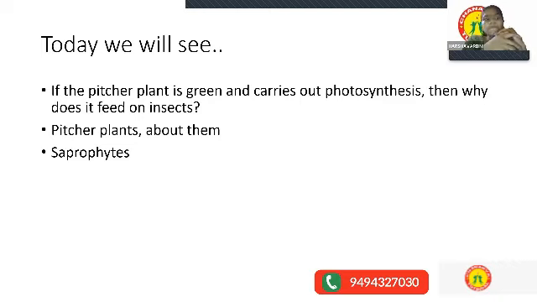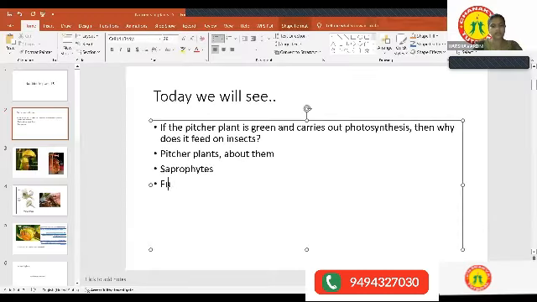We will also see about the Venus flytrap, what are saprophytes, and today we will also include fungi, what fungi are and their role, and a special type of fungi. Okay, so this will be today's agenda.